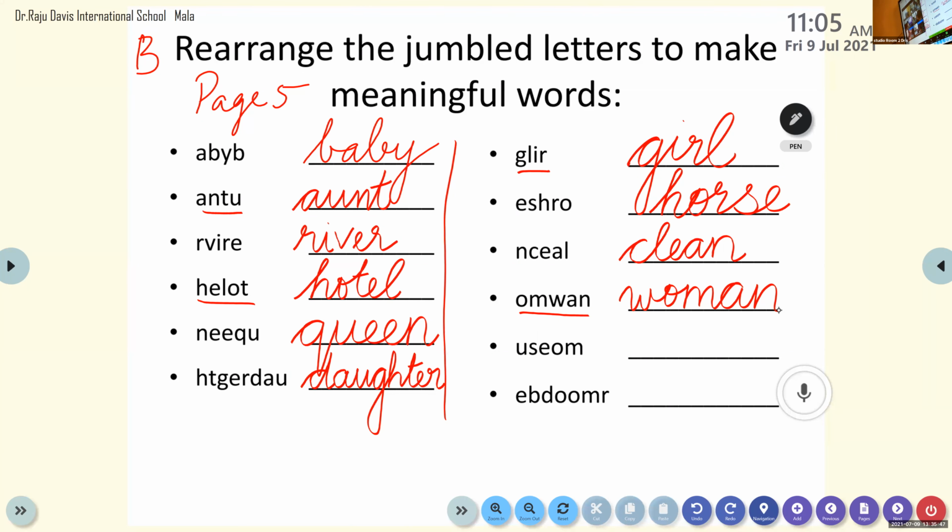Do the next one. Yes, ma'am. Dia, yes, do the next word. No, this word, my dear.